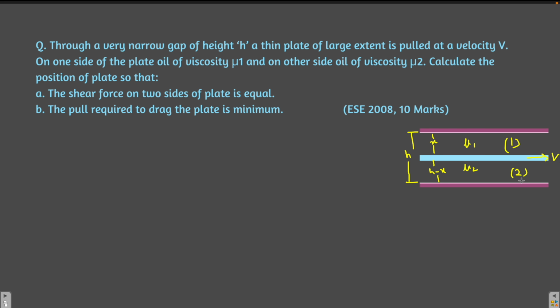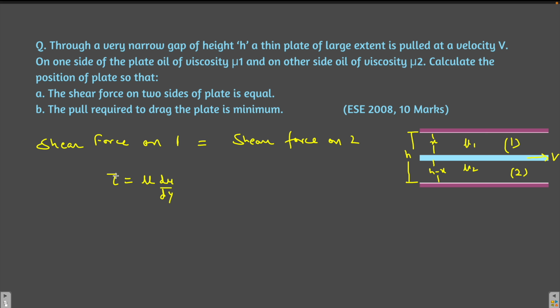So let me write it as shear force on 1, that is the top of the plate, must be equal to shear force on 2, that is the bottom of the plate, right? Now from the Newton's law of viscosity, we know that shear stress tau is equal to mu du by dy, right?